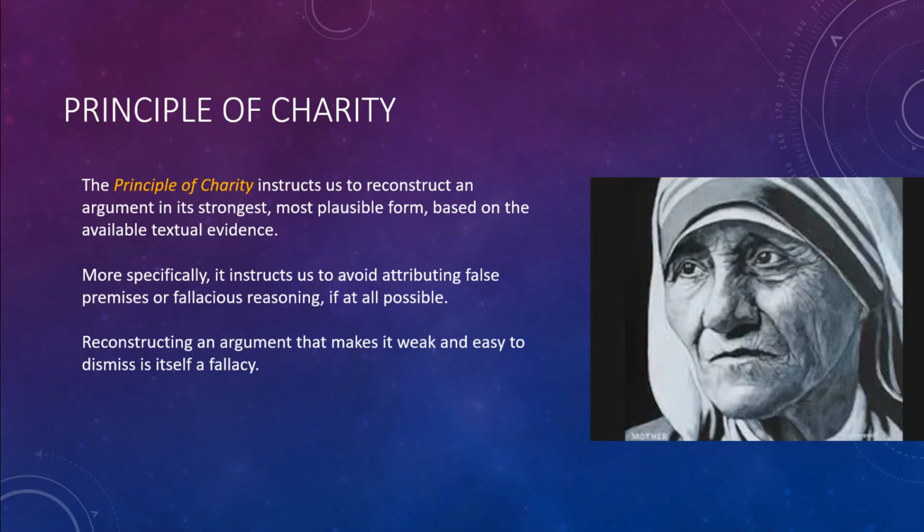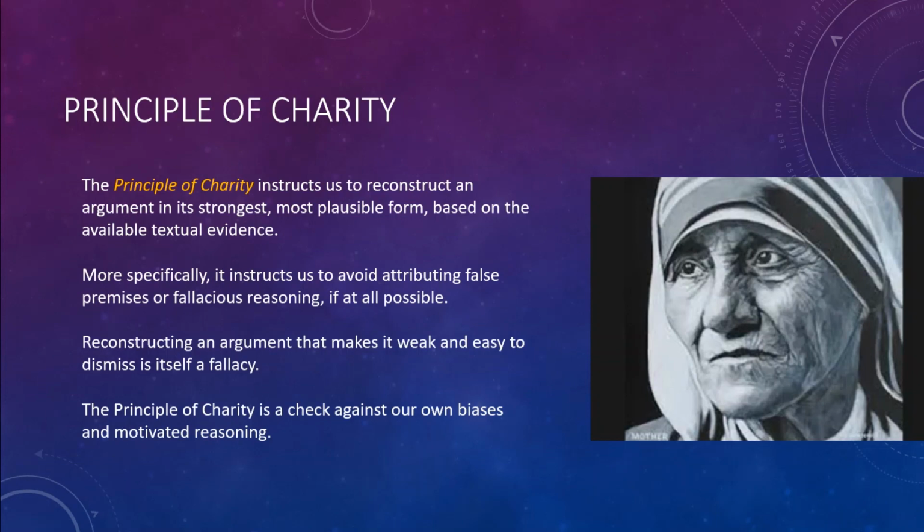Bear in mind that reconstructing an argument in a way that makes it weak and easy to dismiss is itself a fallacy. We studied that fallacy last week. Can you remember what it is? The principle of charity is a check against our own biases and motivated reasoning. Remember that the whole point of reconstructing an argument is to be in a position to evaluate the argument.